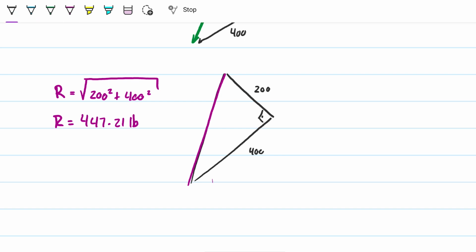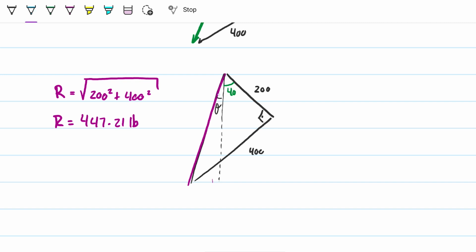Here's the trick though. To be able to decompose this force, I need to know this angle here, which I'm going to call theta. I need to know that angle there, and I don't know that angle, not as of now anyways. What I do know is this other angle here, which is 40, because I know it makes 40 with the horizontal.